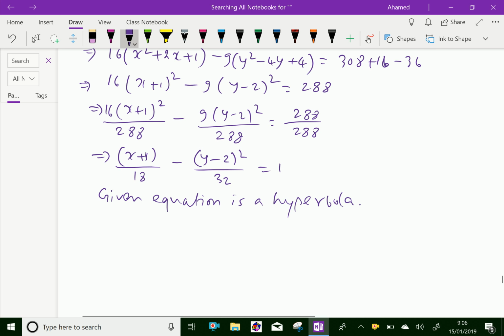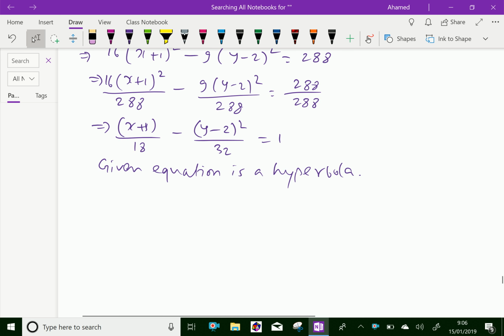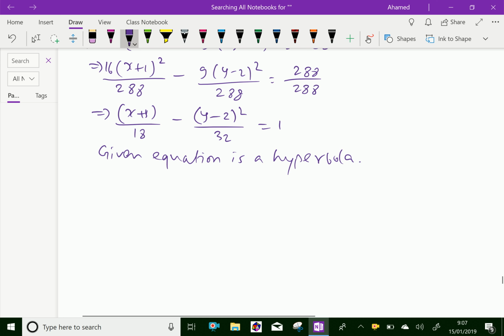Now here we need shifting of the origin. Here the original hyperbola normally has origin 0, 0, but here the origin is shifted to minus 1 and 2, because x plus 1 whole square is there, and y minus 2 whole square is there.